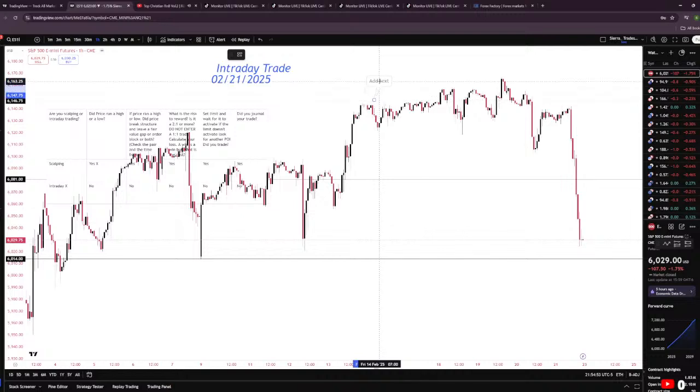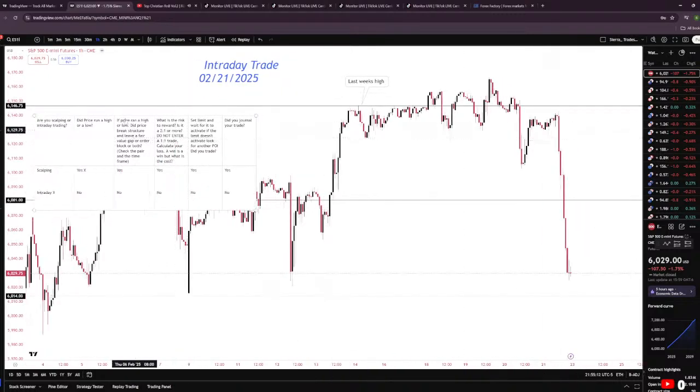This line right here is last week's high. And as you can see, this is where price traded outside of last week's high.